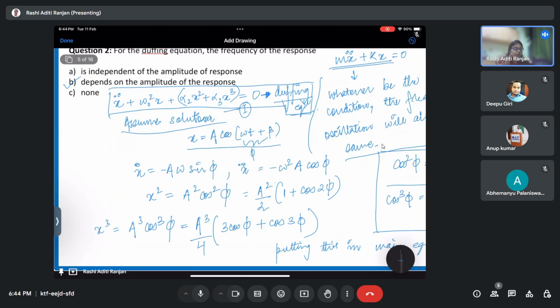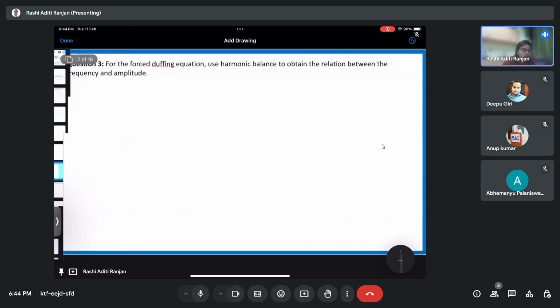Here we assumed a solution with a, omega, and beta. By equating the left hand side and the right hand side, we get the values of a, omega, and beta, and then we can get the solution.